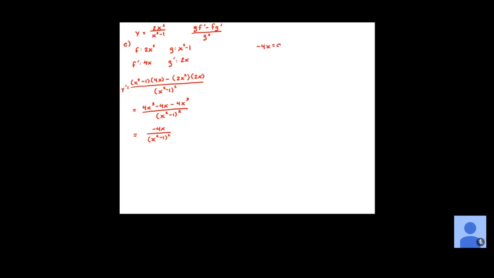So it's going to be negative 4x equals 0. But don't forget, we also need to consider where it's undefined for our critical numbers. Okay, so how are we going to find where it's undefined? Okay, good. Look at the denominator, set it equal to 0 also. So x squared minus 1 equals 0. Okay, so again, this is how we're going to find the critical numbers for that derivative.